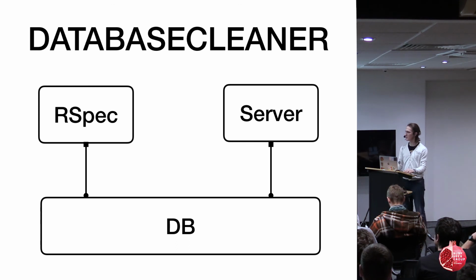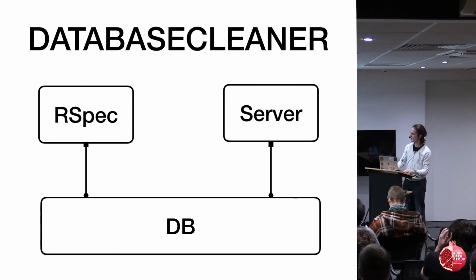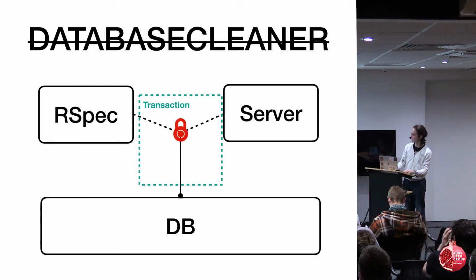When we use Capybara, we have our spec and a server which independently work with the database. So turning into transactions won't work by default. We have to remove transactions and enable the database cleaner, which would clean the whole base after each example, and it's not very good. That's why we offer the following solution.